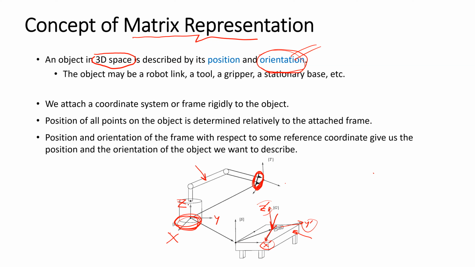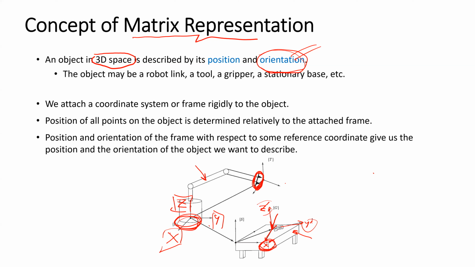So to describe the orientation of an object, we need to know that the X prime axis makes one angle with the X axis, and makes other angles with the Y and the Z axis. If we know that the X prime axis makes specific angles with X, Y, Z, with this method we can tell the direction of the X prime.